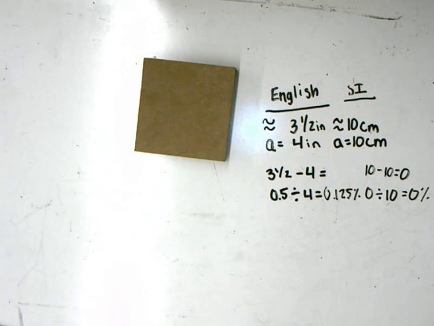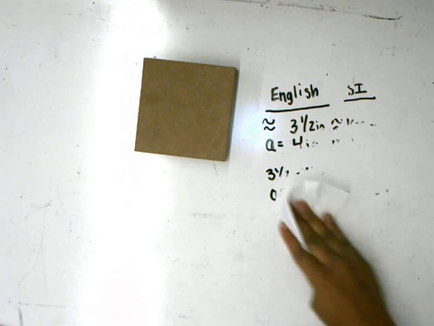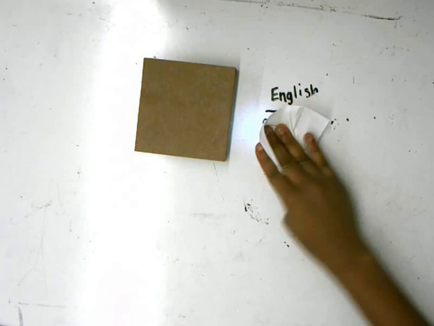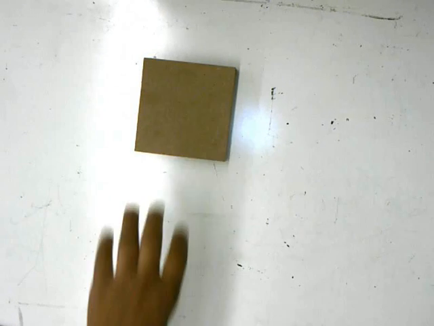Now we are going to move on to the next object, and the next object is this heavy rectangle object.